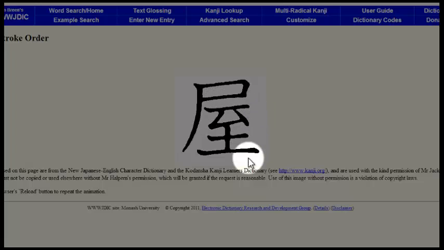So this element is an arrow going all the way down to the ground, and it means to arrive. Now this kanji is arriving under your roof. So it's a place where you arrive and you're safe and sound, and it means a building or a house or a home. Now you can't use it on its own for any of those things, but that's its original meaning. And we're going to have a look at its etymology now.